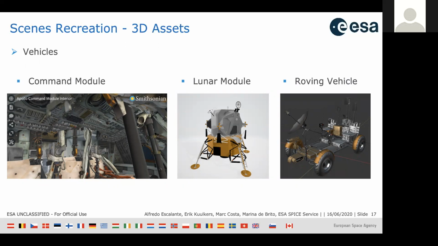But again, I think for transmitting the experience to the user, it's quite enough. For the lunar module, we have this simple model here that we use for landing on the moon. And we also have this model for the roving vehicle, because as you will see, there's one scene where you can actually drive the rover on the lunar surface at the actual landing site.